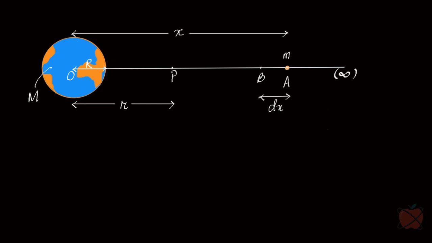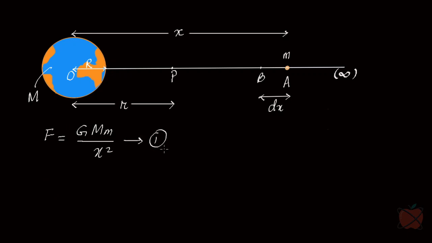So if the small mass is here and the earth is here, what will be the gravitational force between the two? The gravitational force is F equal to G, mass of the earth, mass of the body, by distance square. What is the distance? Distance is x. Let's call that equation 1.